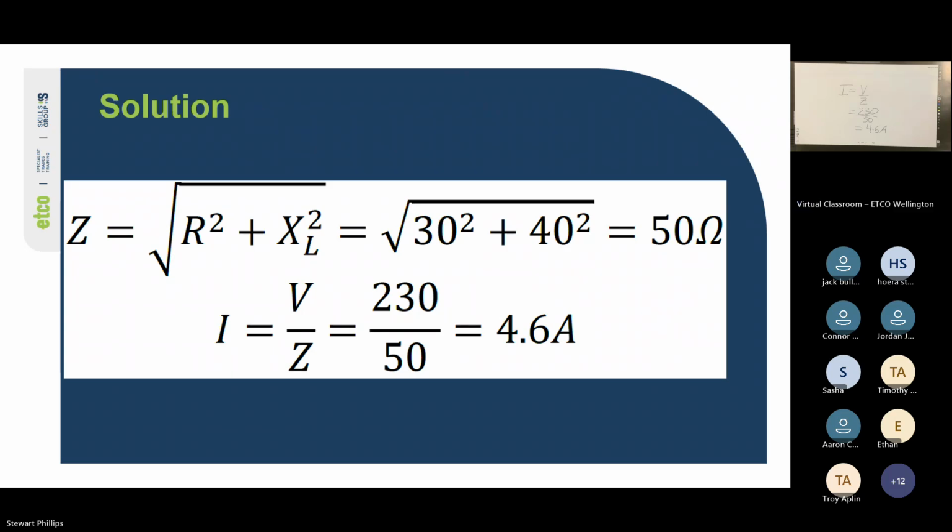Yeah. So once you start doing the calculations a few times, it does kind of get pretty straightforward.